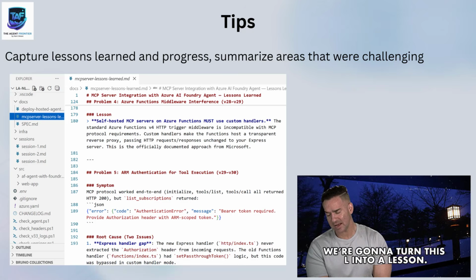So this is just one of those things when you solve a problem, it's actually good to ask the agent to summarize how you solved that problem and document it. And I found this useful just so if I need to go back in the future and add an MCP server, for example, to one of my Foundry agents, I have these cheat sheets. Now, things could be updated, and that's fine, but at least it's better than starting from scratch.